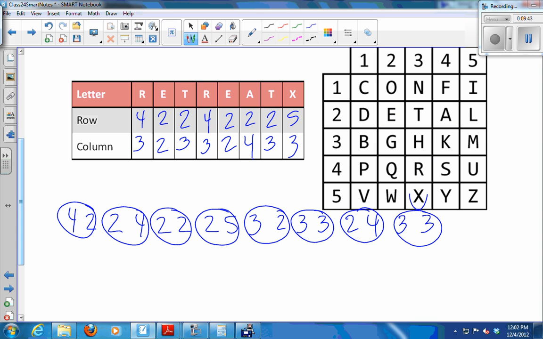So when I look up 4, 2, row column 4, 2, I get a Q. Nope, because I'm reading across now. 4, 2, 2.